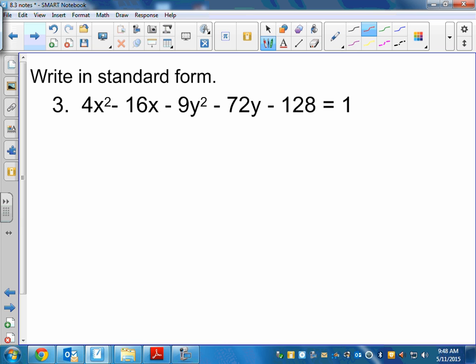So get a head start. Write this in standard form, which means get your x's together, get your y's together. See if I wrote this right. See if something crazy occurs. And notice I didn't say you have to graph this one.